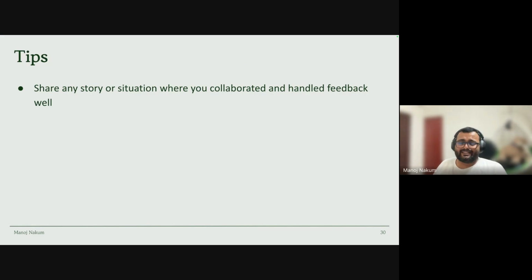Now, in this round, make sure that you are very honest when you share a situation where you collaborated. If you have not faced that kind of situation, just gracefully say so. For example, you might have said, I was a solo designer, so I did not get to work with a team.